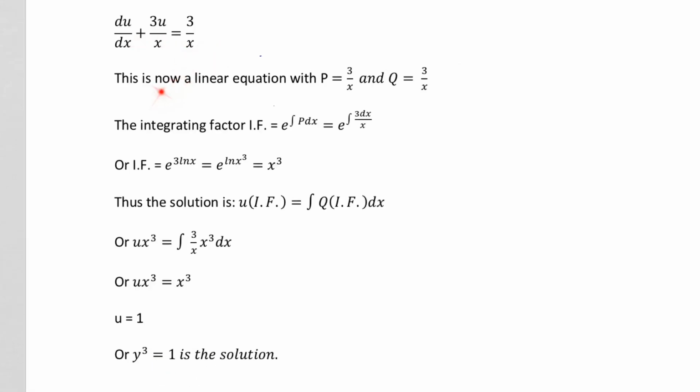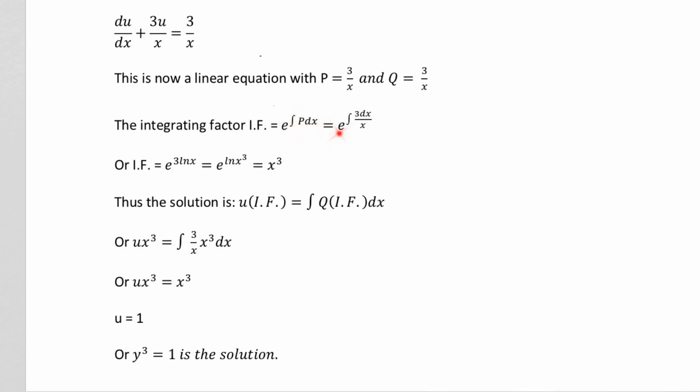This is now a linear equation with p equal to 3 by x and q equal to 3 by x. Or we get the result du by dx plus 3 by x into u is equal to 3 by x. The integrating factor is e to the power integral of p dx.